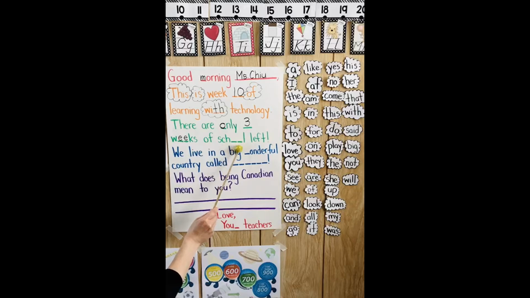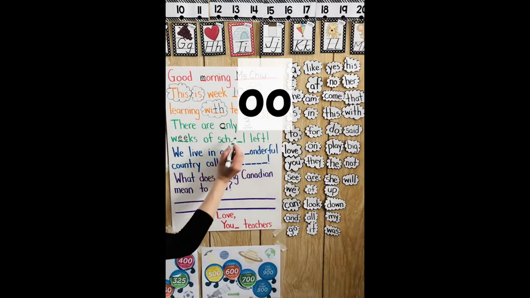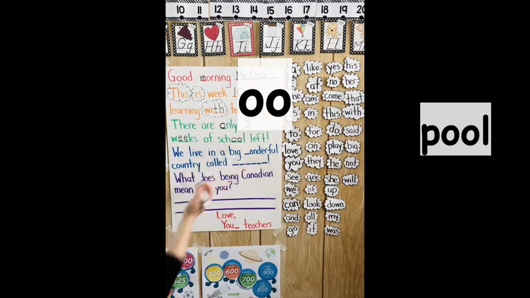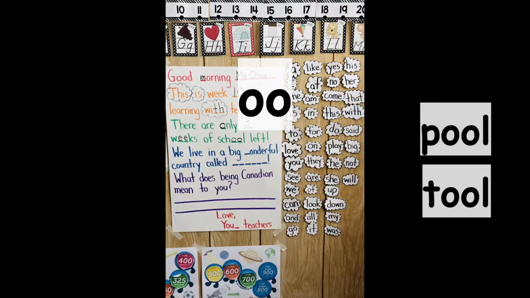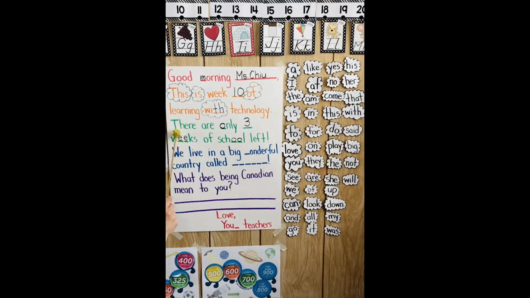We're missing the oo sound. O and O come together to make the oo sound, like in the word pool and tool. There are only 3 weeks of school left. Can you believe it? It's almost time for summer break.